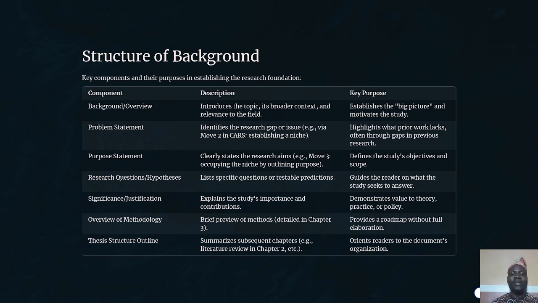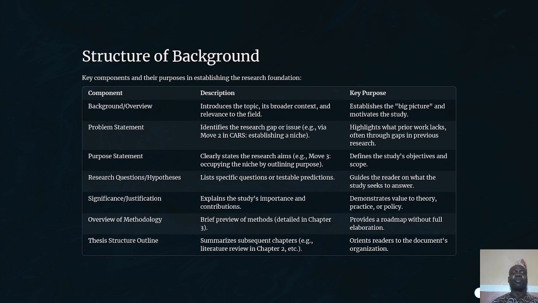The first one is the background overview. In this, you introduce the topic. You will let us know the broader context of the topic and the relevance to the field. So the purpose is that you have a big picture and you have a motivation for the study.